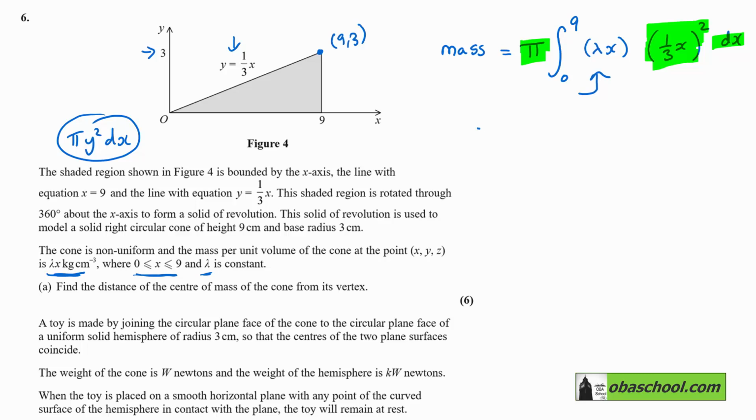So that is going to give us pi times the integral from 0 to 9 of lambda over 9 x cubed dx.